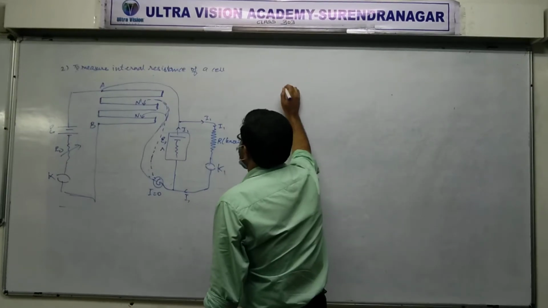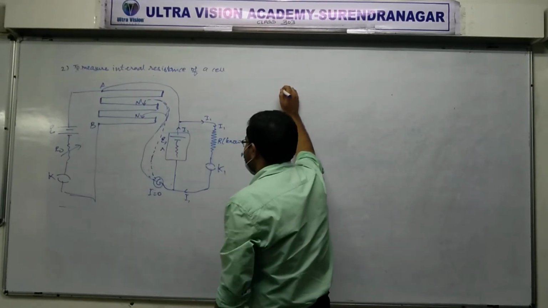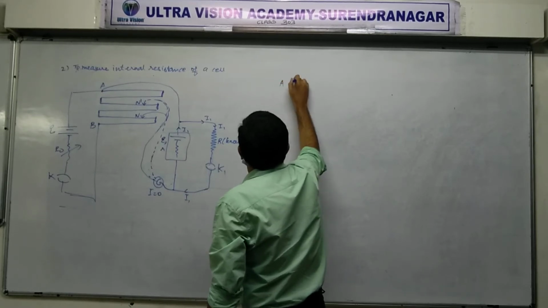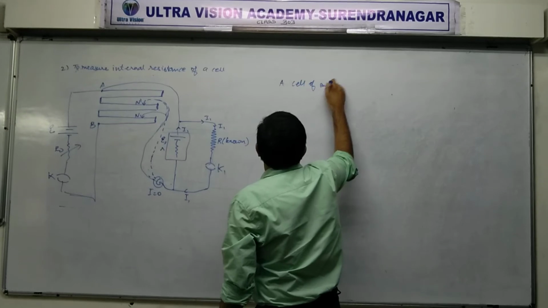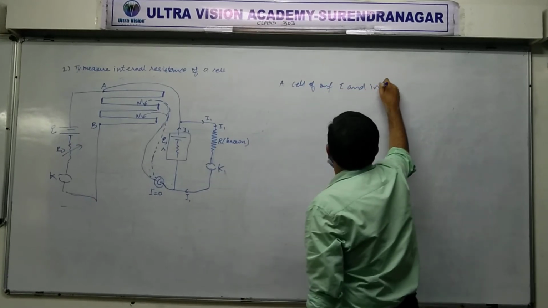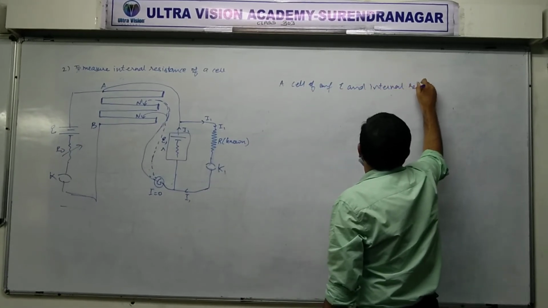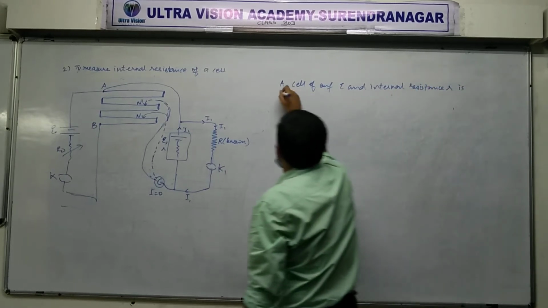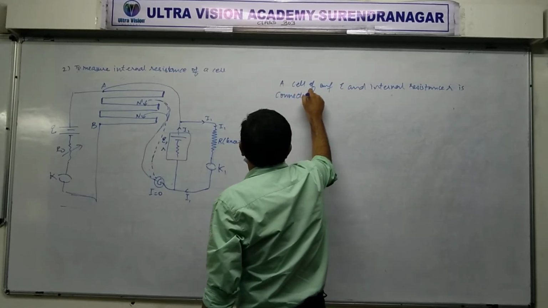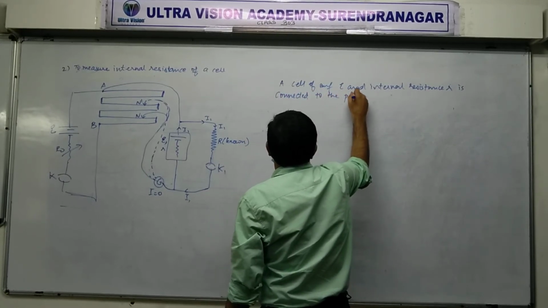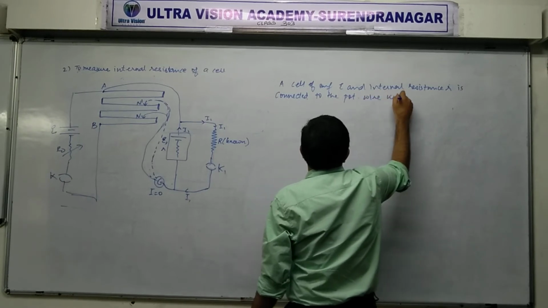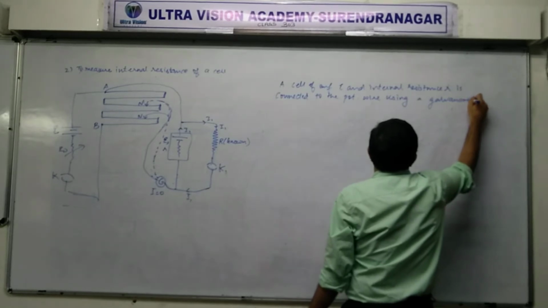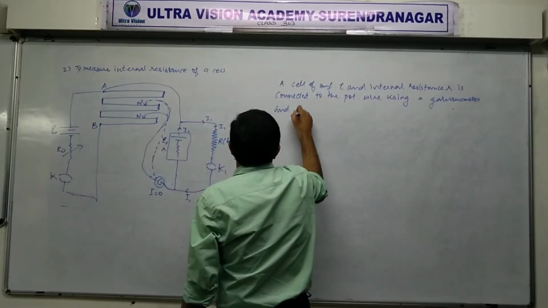Right, now let's put down whatever we want to write in form of words. Here we go. A cell of EMF epsilon and internal resistance small r is connected to the potentiometer wire using a galvanometer and jockey as shown.